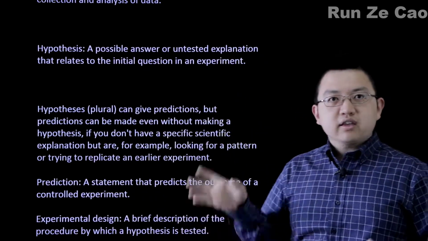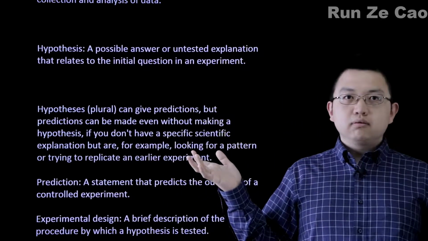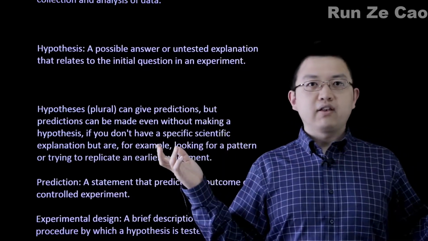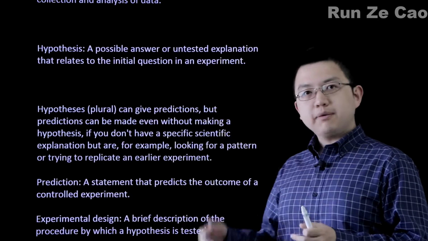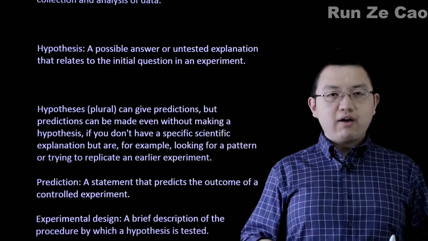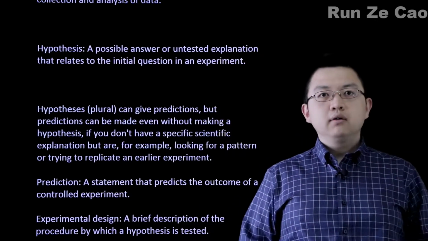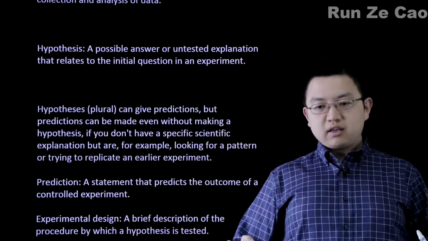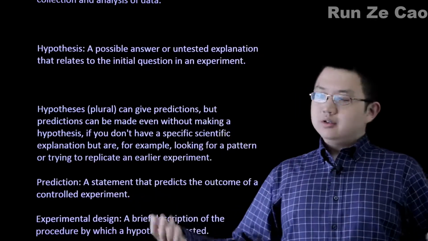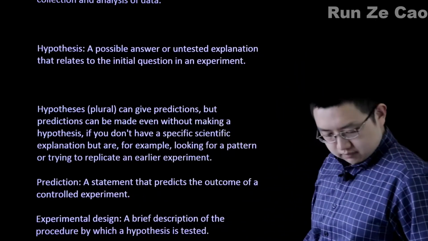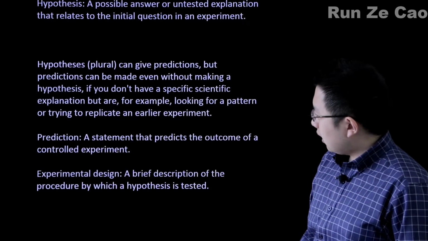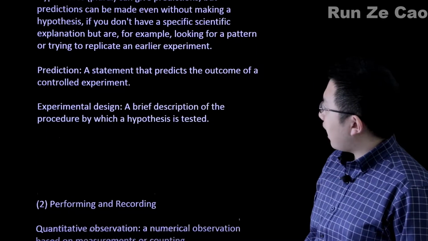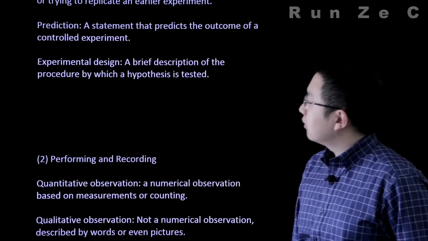The point is that sometimes there isn't a scientific reason. There is no hypothesis to be made, even. So you can still make predictions. Say you have 1 triangle, 2 triangles, 3 triangles. How many triangles do we predict comes next? 4, right? So, a prediction is a statement that predicts the outcome of a controlled experiment.